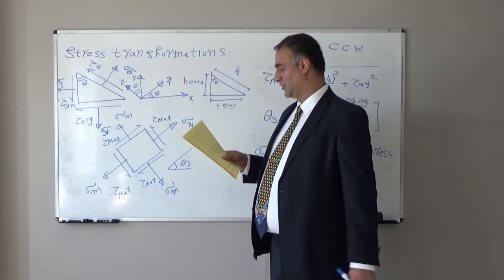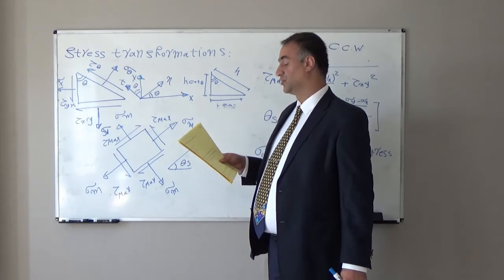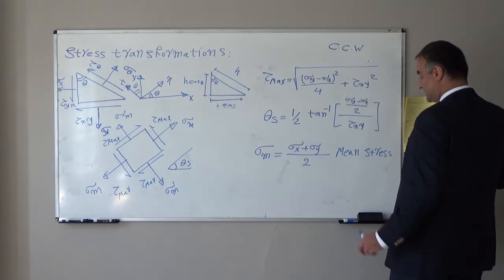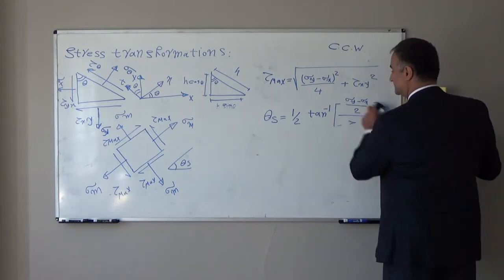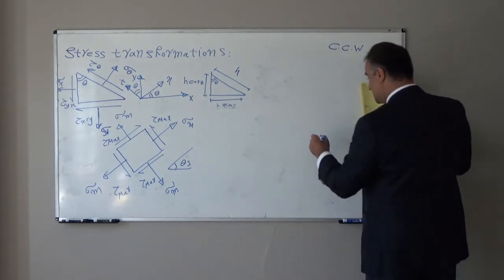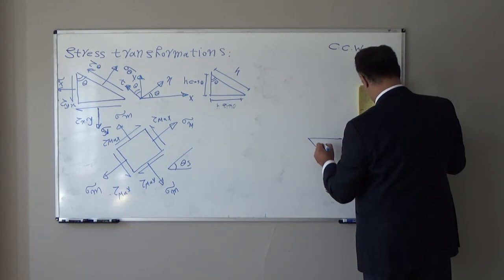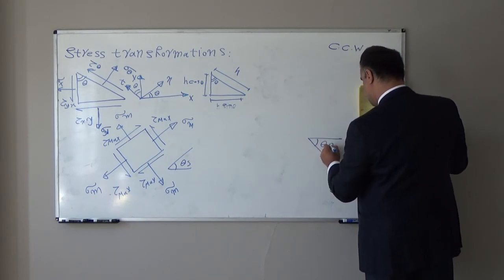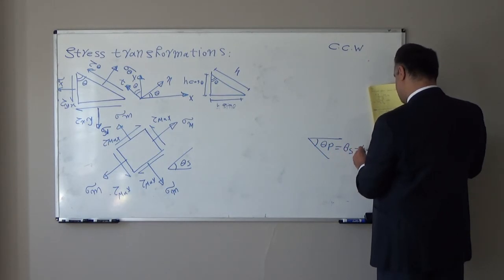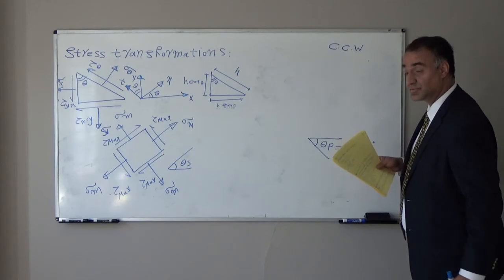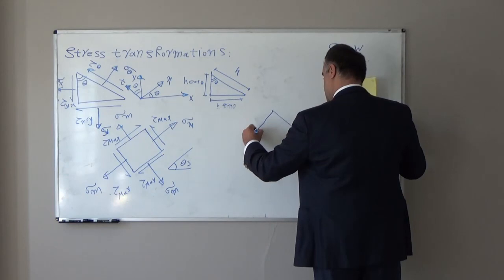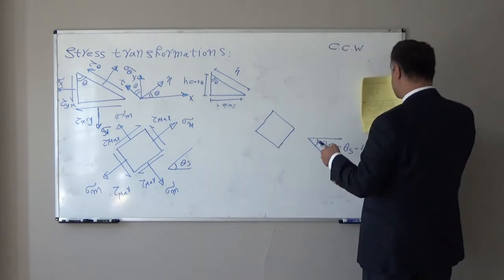If we want to draw the maximum and minimum normal stress, or principal stress element, this will be the orientation. Theta p will be equal to theta s plus 45 degrees, or pi over 4, and the element will be in this direction.